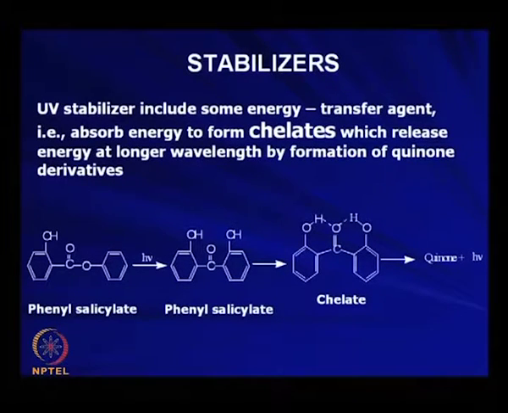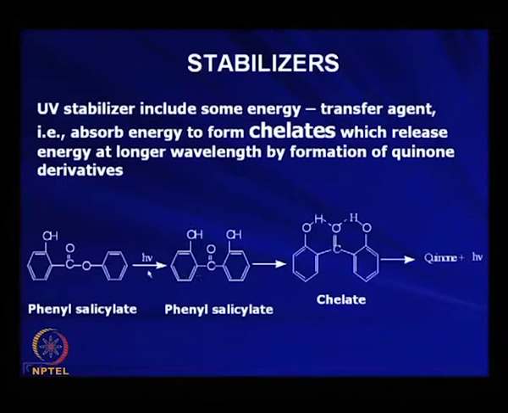It will absorb the UV light and convert it to energy in the visible range. That occurs through this chelation. See this chelation. This energy converts this phenyl salicylate to this structure, then through this chelation the energy is converted from UV to visible range.